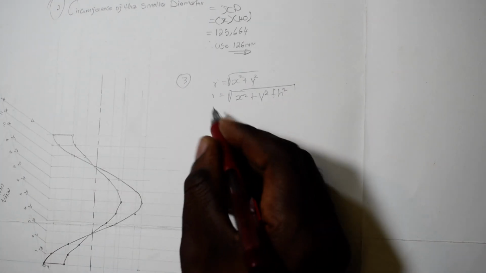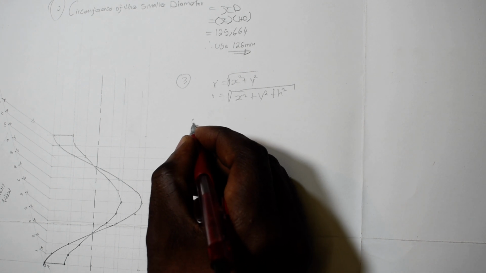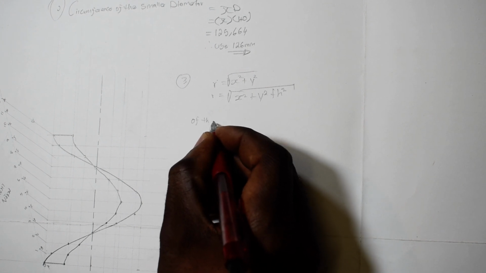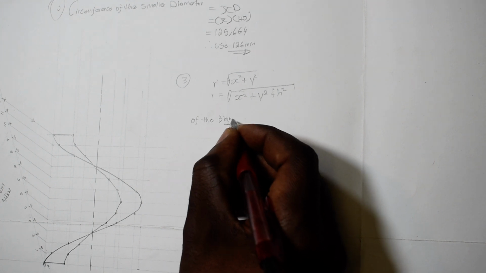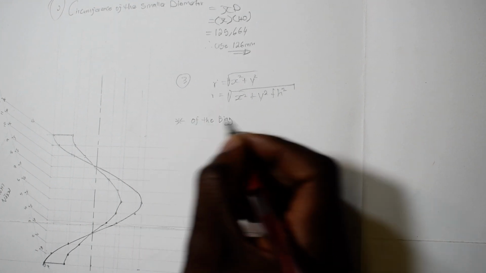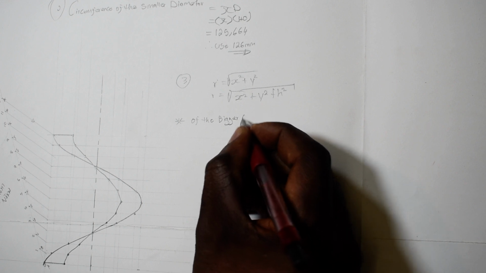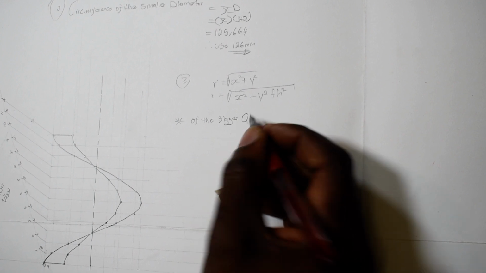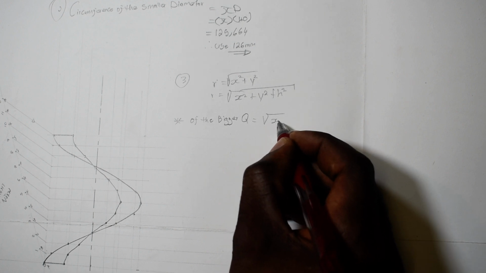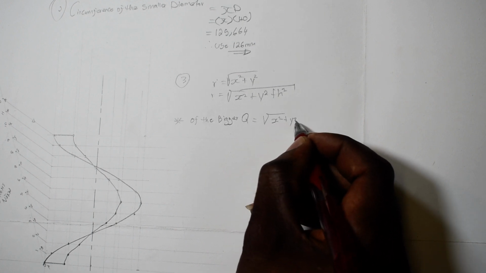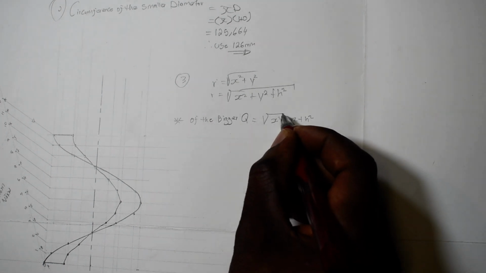So I'm going to say of the bigger diameter, this one stands for diameter, isn't it? So I'm going to say x squared plus y squared plus my h squared, which is height.